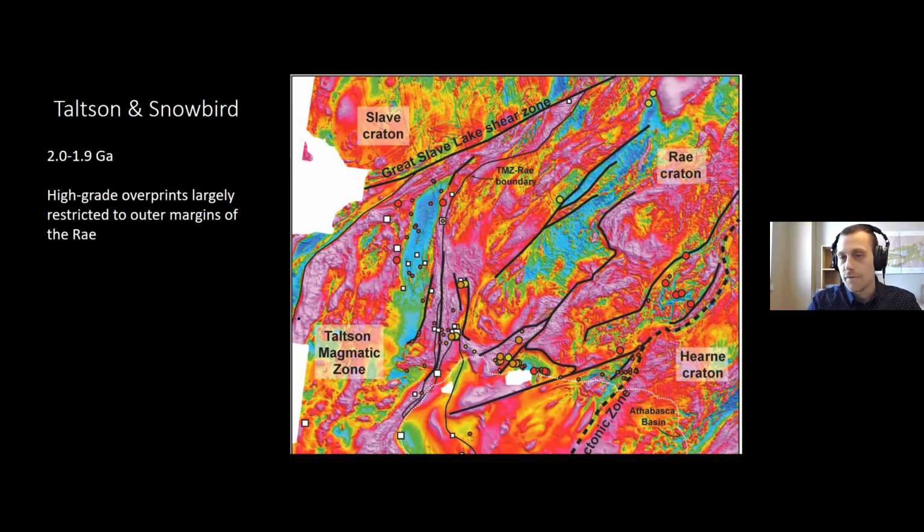And there's some lower grade amphibolite and greenschist facies metamorphism in the south where these two orogens converge. But there's just a complete lack of high-grade overprint in the middle of the South Rae. And that's not for a lack of data. There's quite a bit of data in there. There just doesn't seem to be any obvious overprinting associated with these events.